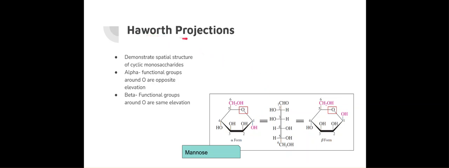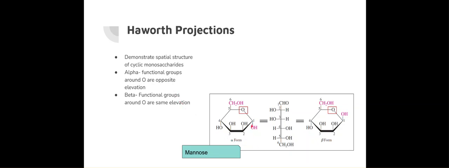So Haworth projections, these ring 3D attempts to draw a 3D ring. They're used to demonstrate the spatial structure of cyclic monosaccharides. And like we said, on the alpha, the functional groups around the oxygen are at opposite elevations. So this is the alpha form.